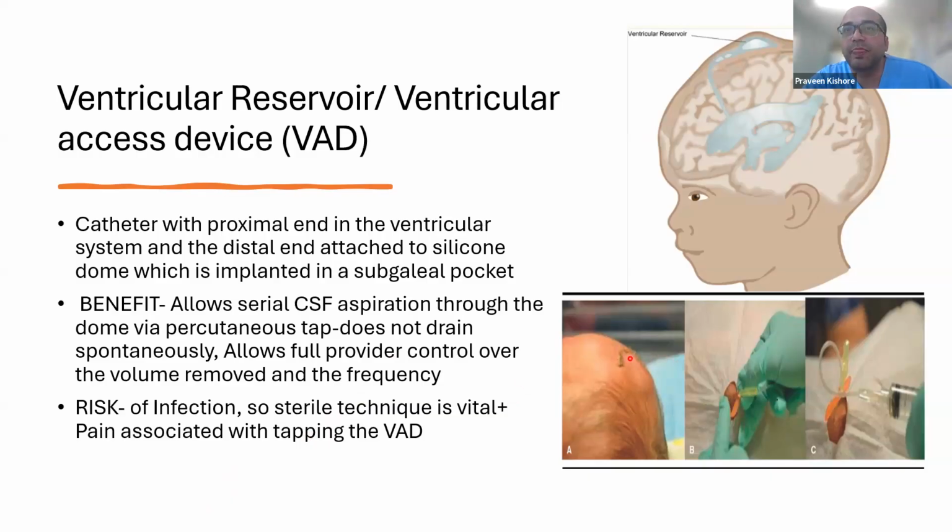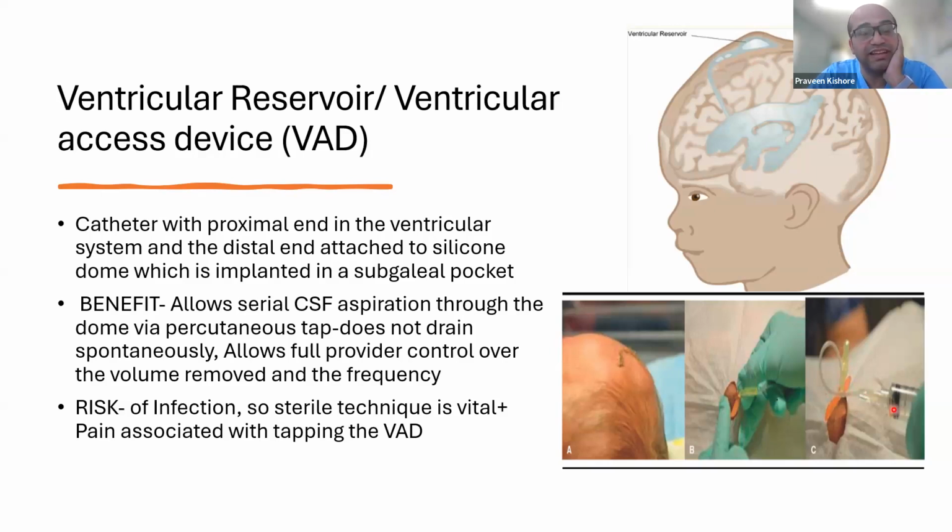This is just after having the surgery done. It is tapped using a 25 gauge, you can use a butterfly. You put the butterfly needle into this subgaleal reservoir. It's also called Ommaya. I have used Ommayas, but I'm sure there are different names to it. And then you can connect your syringe.